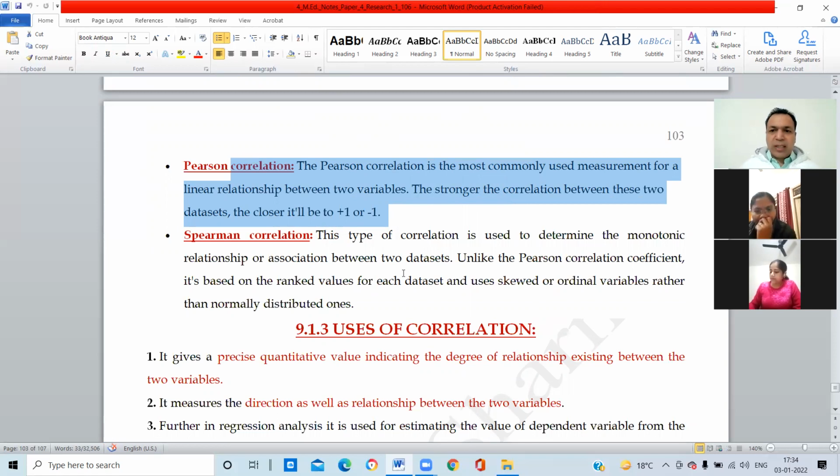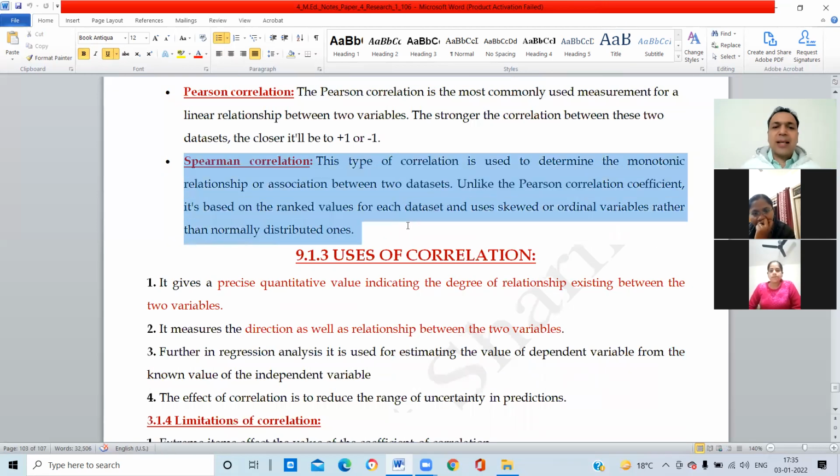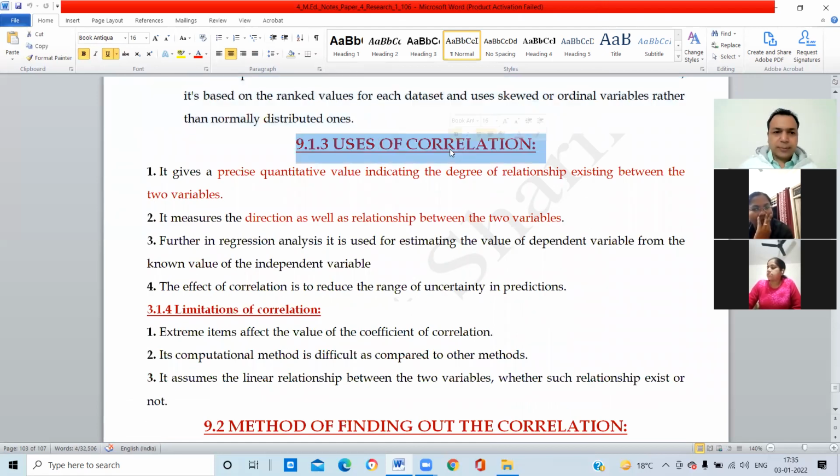The stronger the correlation between these two data sets, the closer it will be, and the range is +1 to -1. Spearman correlation is another kind of correlation. It depends upon the situation, on which study we have to use which type of correlation.